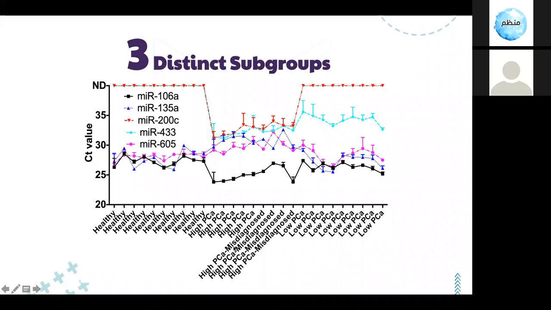And if you notice here, those patients are misdiagnosed. Physicians thought they are low-grade cancer, but it turned out they are high-grade cancer, meaning they will die because of cancer if we cannot treat them. Okay? So 3 distinct subgroups.